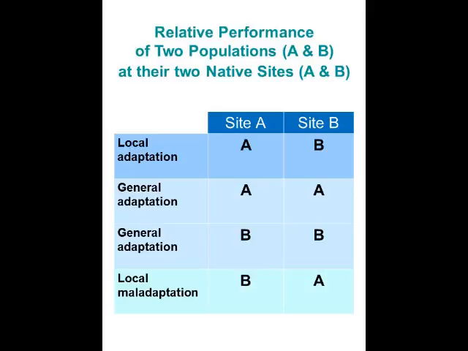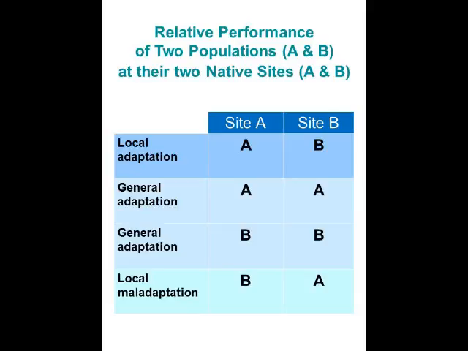The other thing I want to talk about is general adaptation and local adaptation. The way these studies are done is with reciprocal transplants. Now this has been talked about before by some of these previous speakers. So what we're talking about is looking at two plant populations.